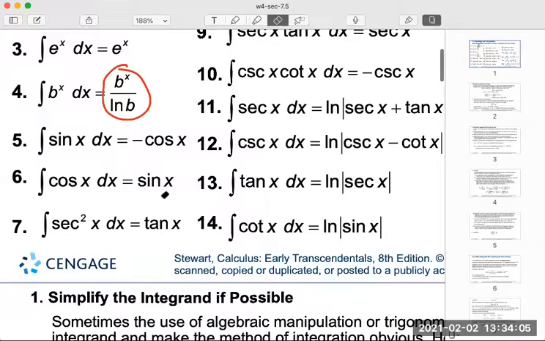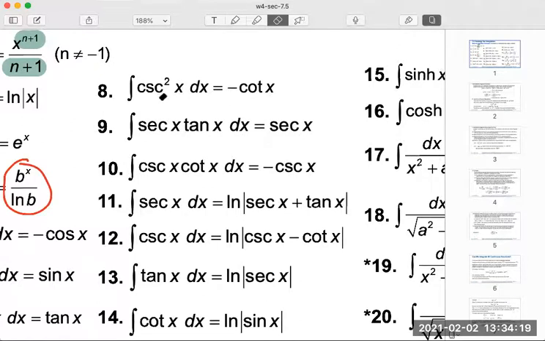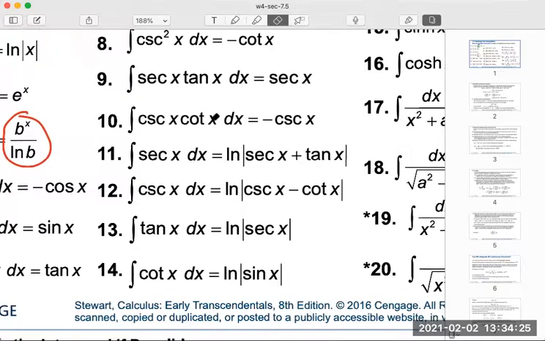The antiderivative of cosine gives us sine, and the antiderivative of sine gives us negative cosine. The derivative of tan gives us secant squared. Similarly, we have these formulas. The antiderivative of cosecant squared gives us negative cotangent, etc. And here, remember, the antiderivative of secant, yeah, this is a very useful formula.